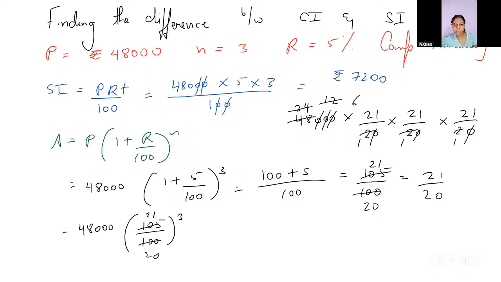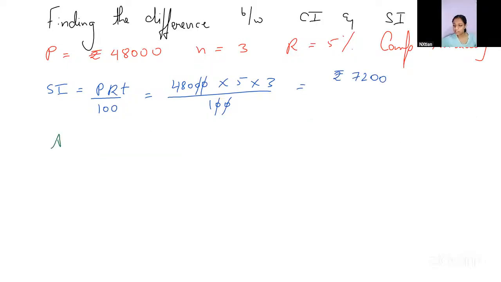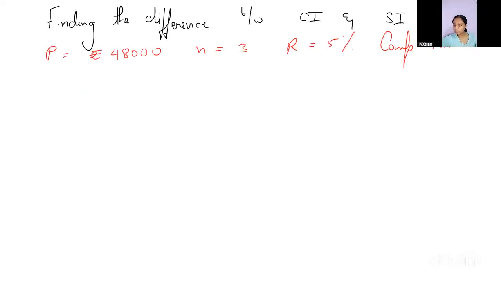Did you use the formula 1 plus r over 100 to the power n, which is 1 plus 5 over 100 to the power 3? Yes, ma'am, I used this formula only. Okay. Can you identify what's going wrong, Emma?